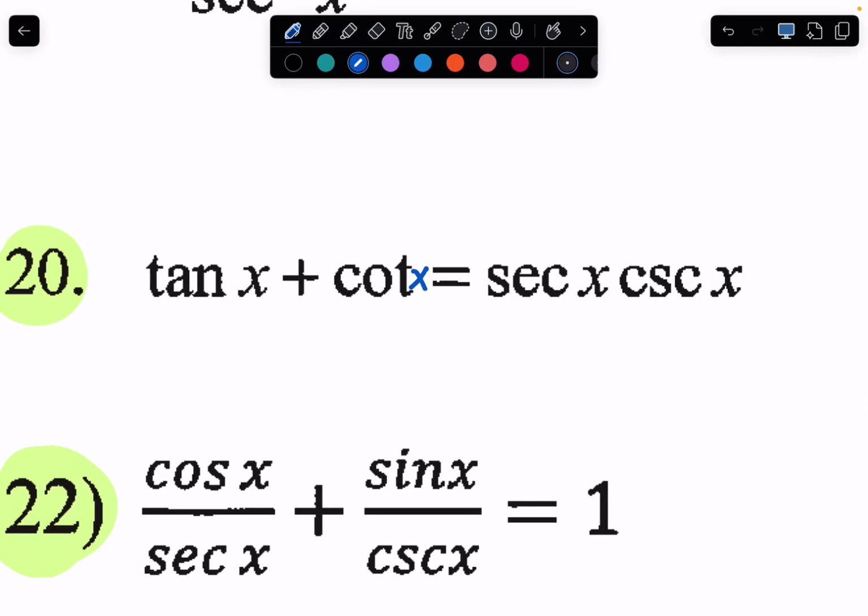Sine, cosine. And that just equals 1, right?